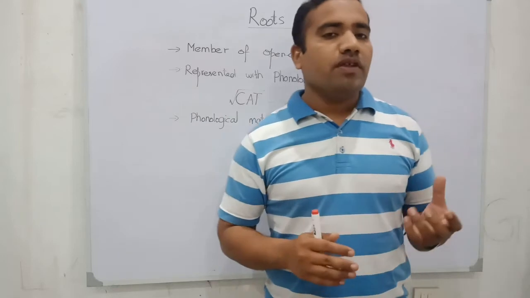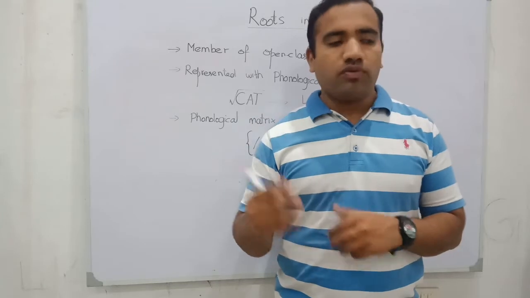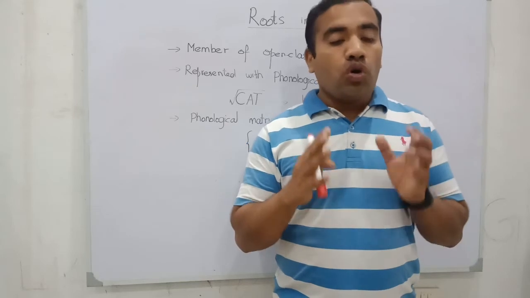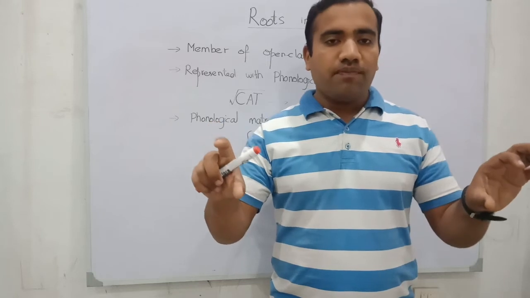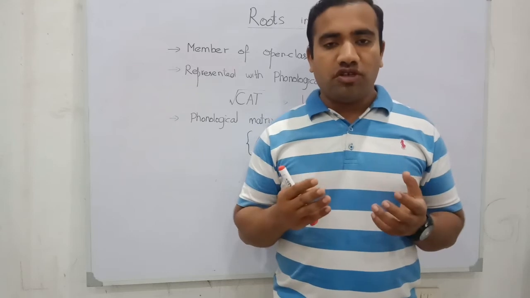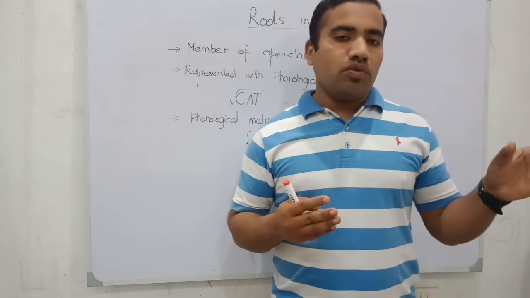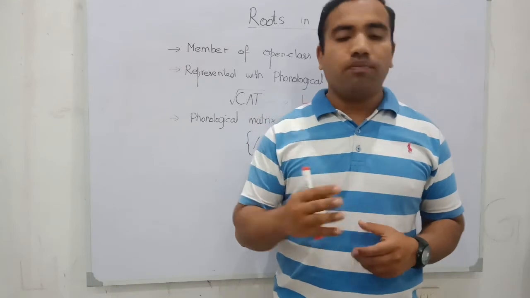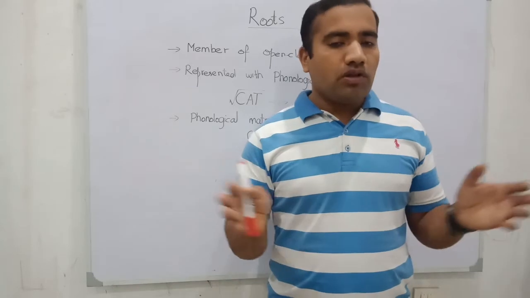If we claim that roots are open class items and roots have some phonological matrix or phonological feature, we have some homologous roots that have the same representation but a different meaning. It is very hard to identify which root gives us this meaning and which gives us that meaning, and this does not tell us how to distinguish all these words.